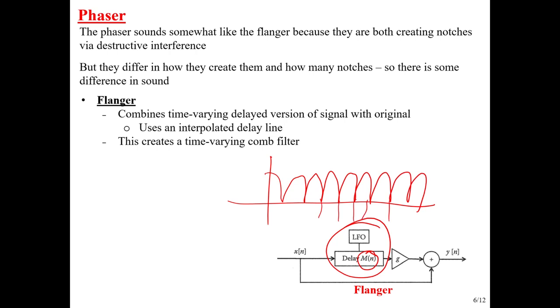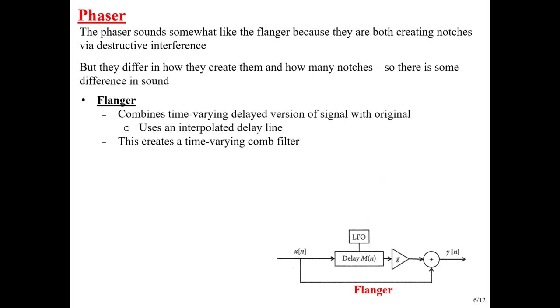And the spacing is inversely proportional to the amount of delay that we have. So that's the flanger. So you get equally spaced notches, and there's lots of them. It goes basically from 0 all the way up to your FS over 2. So based upon the spacing, we'll determine how many you have, but you usually have a lot of them.